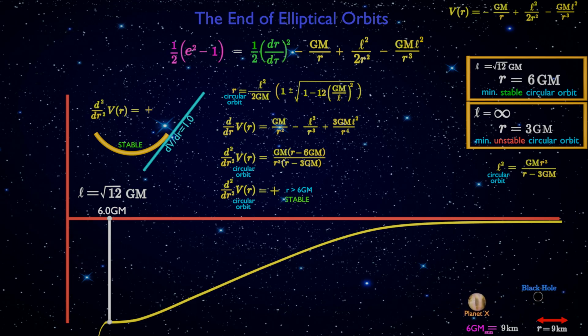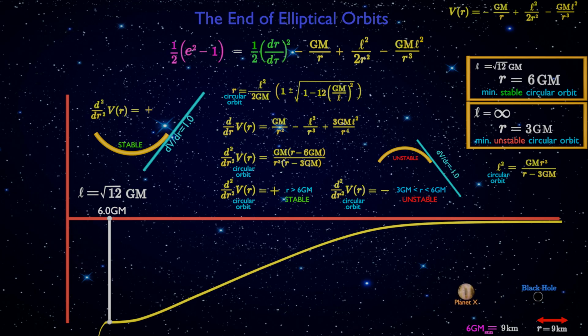If r is between 3 and 6 GM, we get negative over positive, which is negative. A negative second derivative when the slope is 0 indicates a curved top, because it means dV by dr is changing from positive to negative, and is therefore the location of an unstable circular orbit.